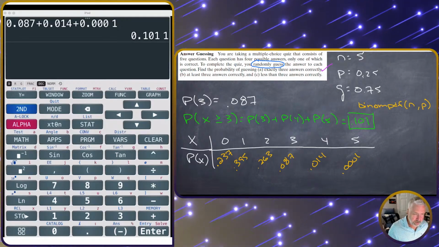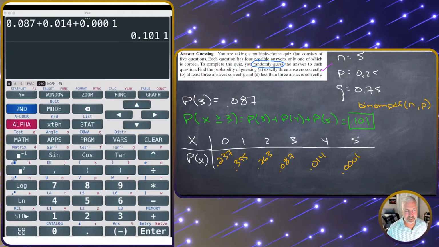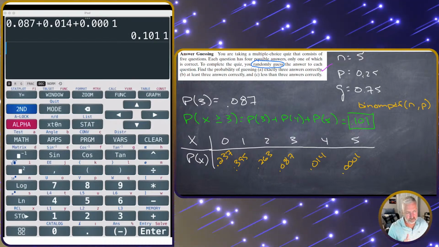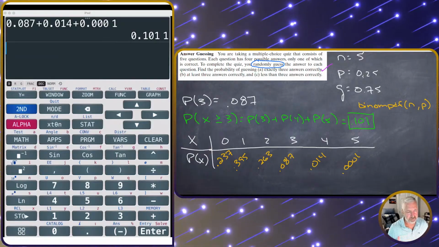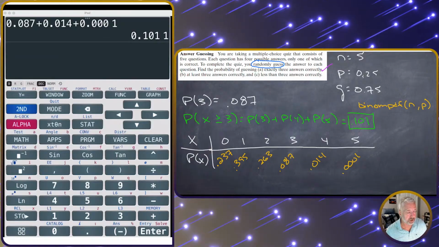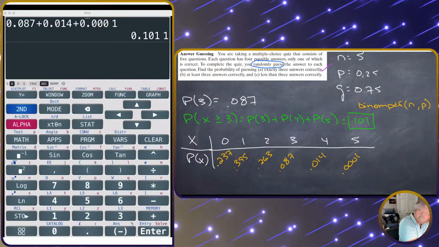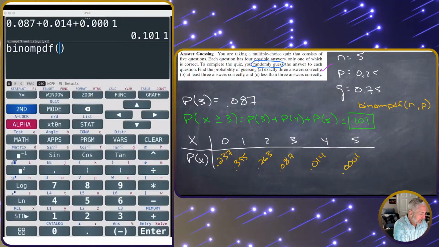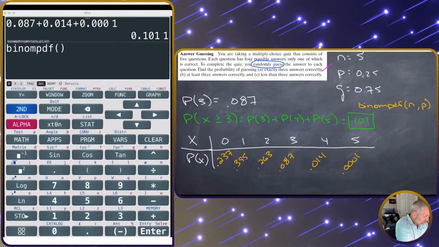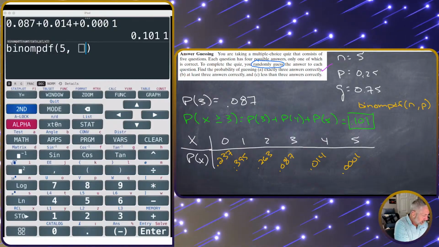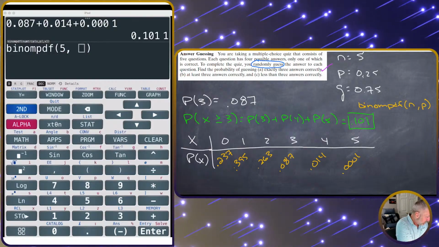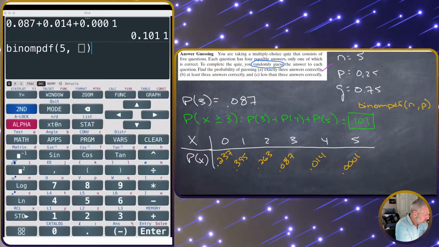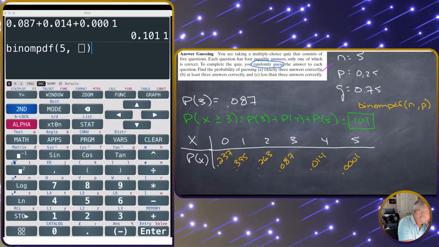Now I'm going to show you real quick another way to use the calculator to find these. Certainly you could use cumulative, push up to 2, and then just subtract from 1. I mean, there's, again, just like with the normal, there's different ways to skin this cat. But I'm going to show you a little bit different way to do this. So if you go second vars, binomial PDF, n was 5, no change there, comma, and then here I'm going to put second parentheses.